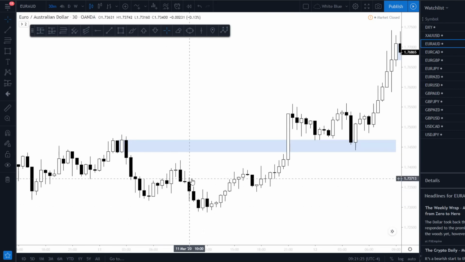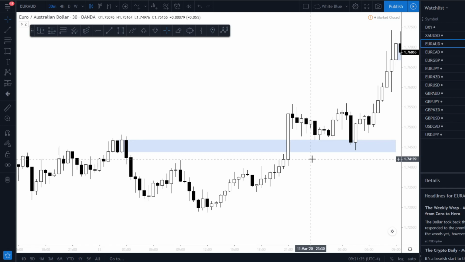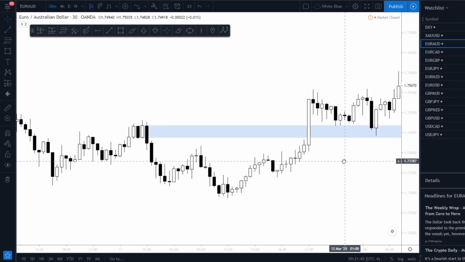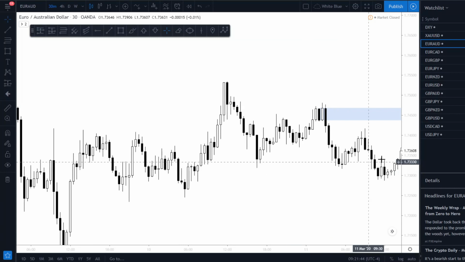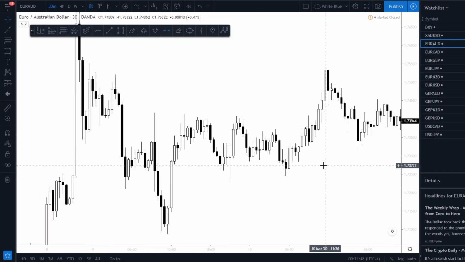So I like to see a move down, and then we break that area, and then we can come back and retest. Normally I'll be adding Fibonacci to it as well, and a couple other things that we'll go over later in the strategy, but just to start off with, that's how I look for order blocks that I trade myself.